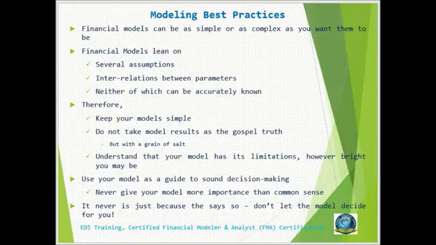So do not take your model results as the gospel truth, and do not say that the answer is X because the model says so. But just use your model as a guide to sound decision making, and you'll be on the right track.